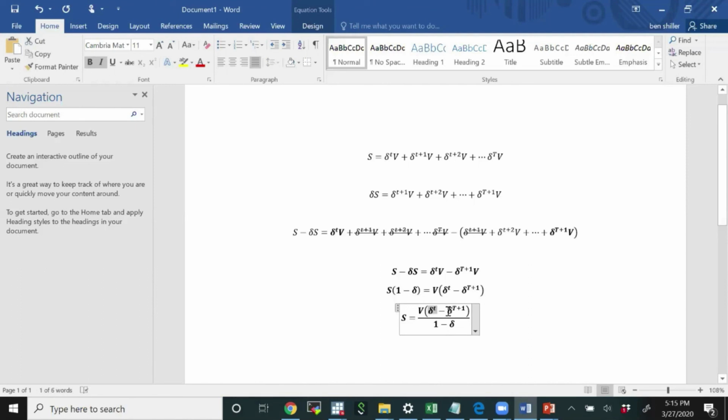And delta is a number less than 1, so raised to the power of infinity, it goes to 0, which gives us exactly the formula we had before. For an infinite stream of payments that starts today, the present discounted value is V over 1 minus delta. But this more general formula can also be used for any first payment occurring in period t and any last payment occurring in period capital T.